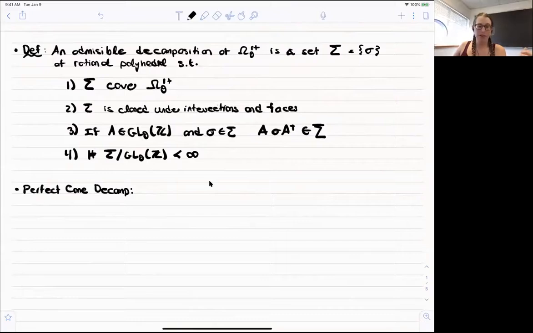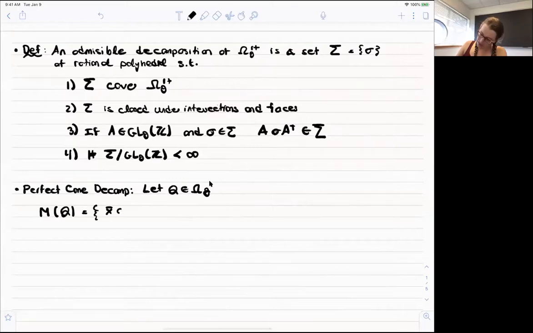The recipe for this is that you give me a positive definite quadratic form Q, so something in omega_g, and then we first construct the set M of Q, which is going to be the set of non-zero lattice vectors in Z^g that minimize my quadratic form Q when I restrict it to the lattice.